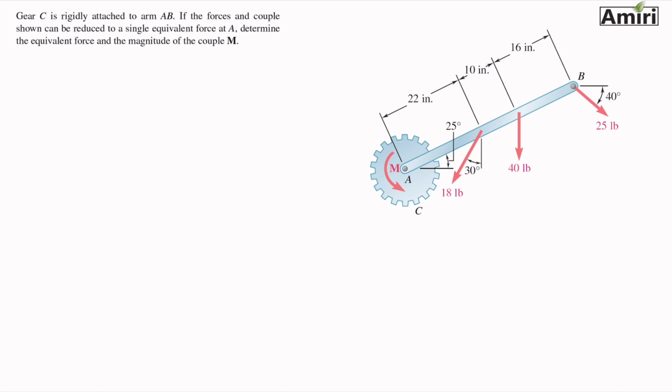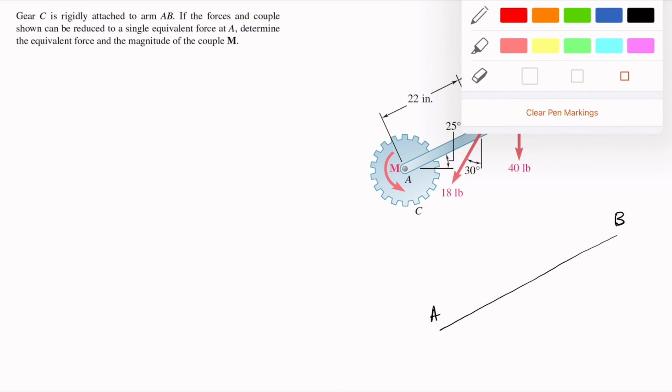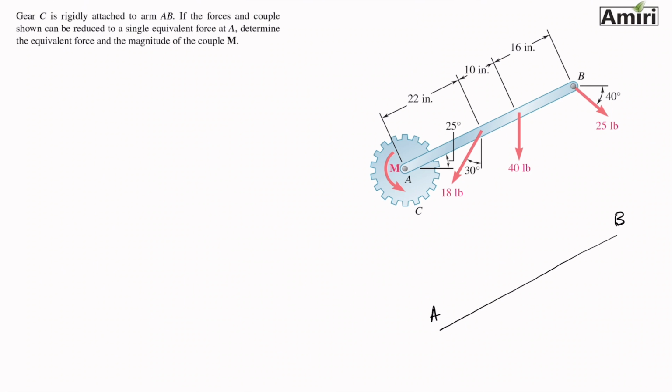I'm going to use Cartesian notation for the forces. Let me draw. Let's take this as beam AB. Then I have one force right there, 30.